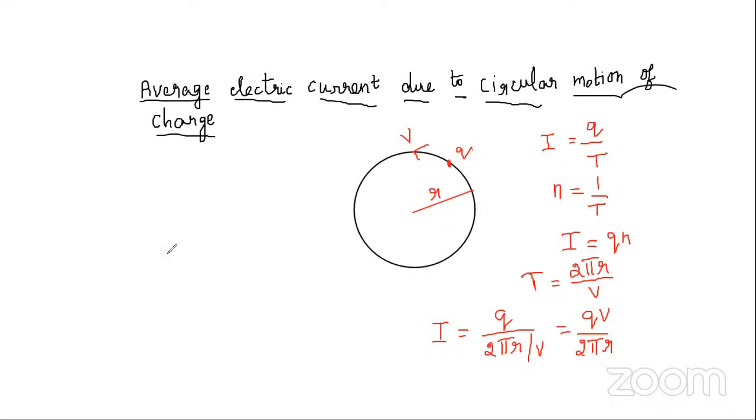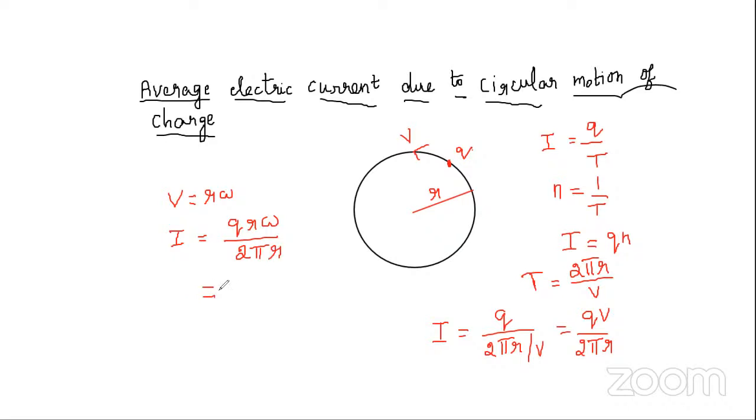Then you have to substitute the value of v, which is related with the angular velocity, as v equal to r omega. So I is equal to q into r omega divided by 2 pi into r.